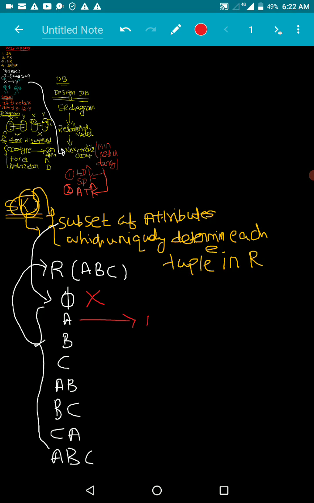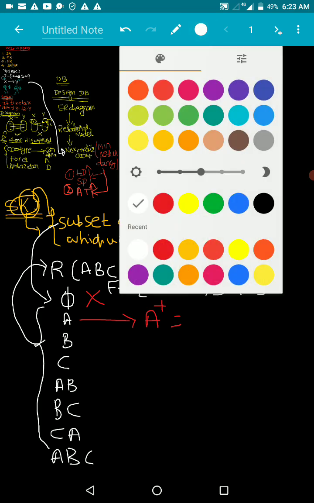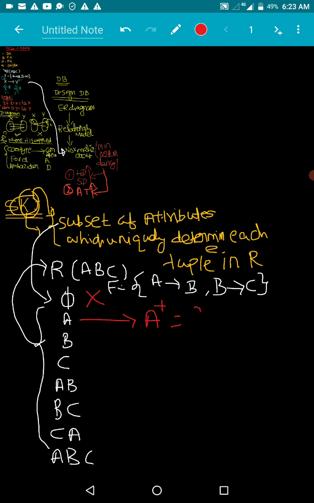Take the attribute closure of A. The functional dependencies of the given relation are A tends to B, B tends to C. So the attribute closure of A is A, B, C. Yes, the attribute closure of A determines all other attributes in the given relation, therefore A is a super key.